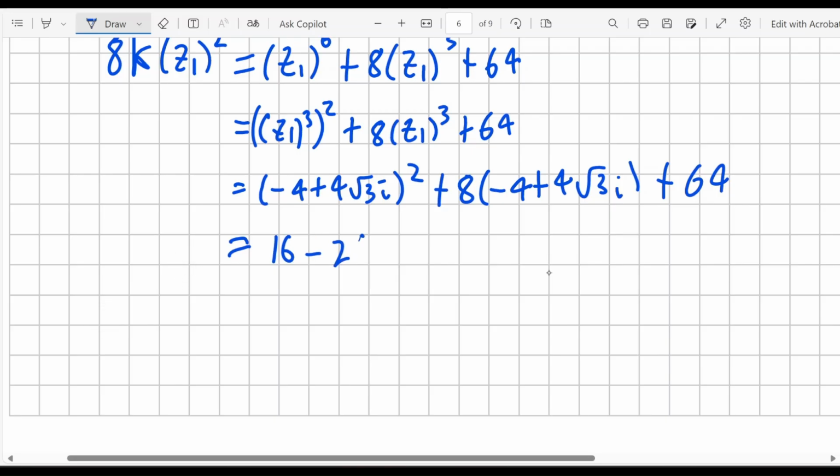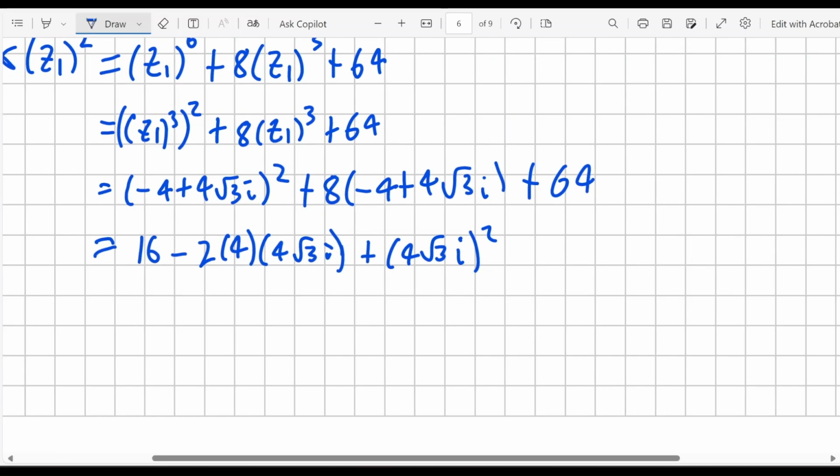So minus 2 lots of 4 and 4 root 3i. Then you're going to get the last bit squared. And then we'll expand the 8 into this stuff. So take 32 root 3i plus 64. So that's 16. All that times together is 8 times 4, so 32 root 3i.